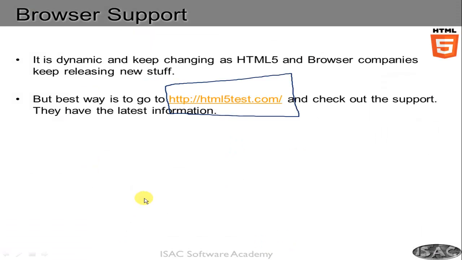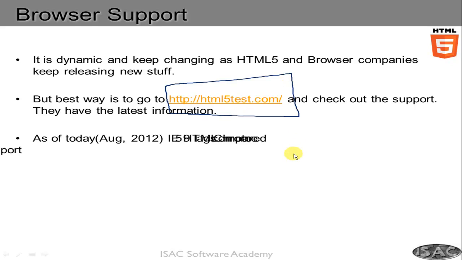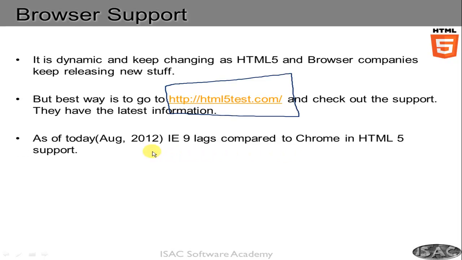So this was a quick rundown on how to test all the features you require. As of today, August 2012, IE9 lags compared to Chrome in HTML5 support. So be sure that you are testing your HTML5 code in the right set of browsers.